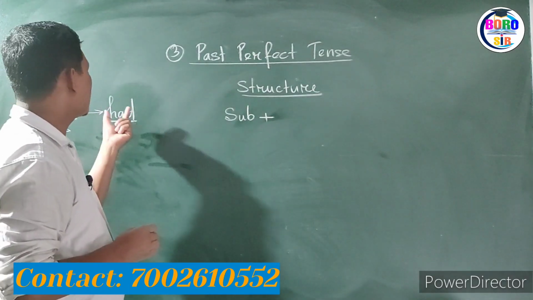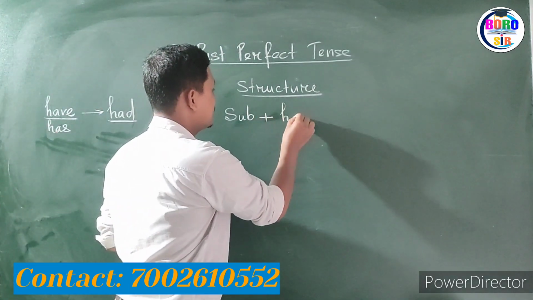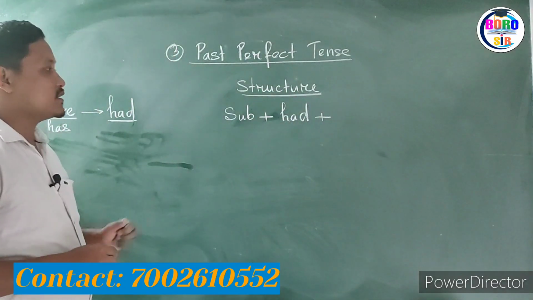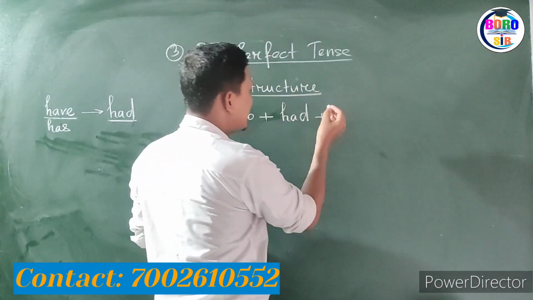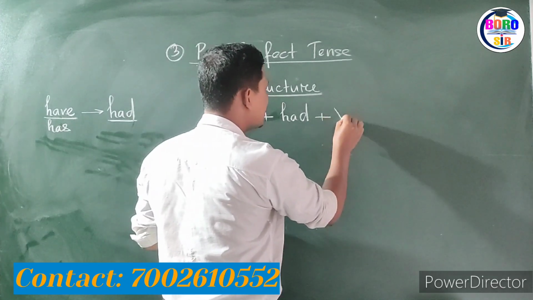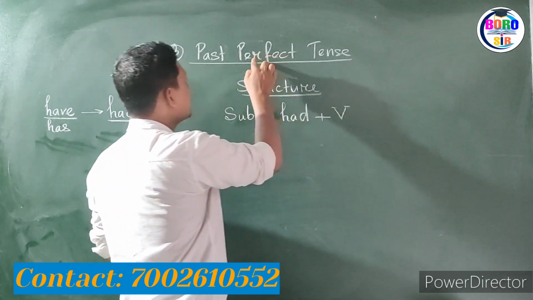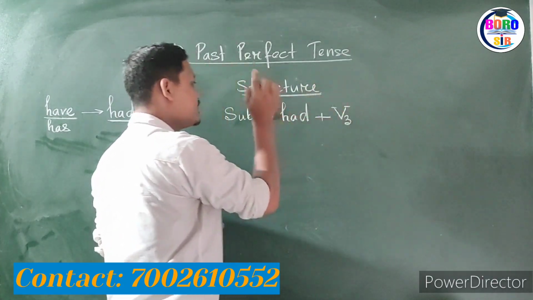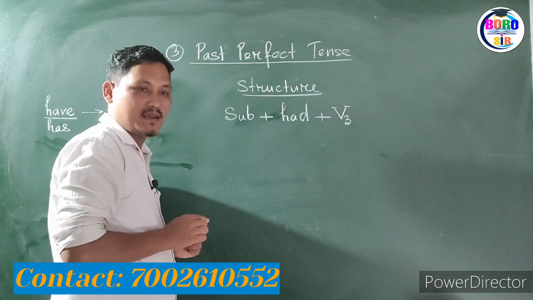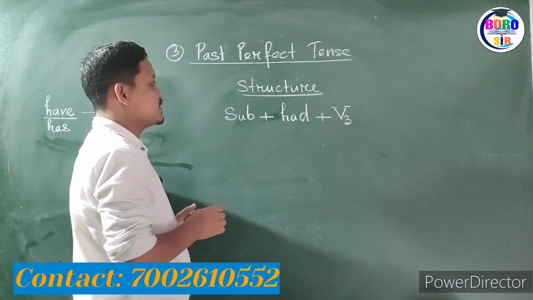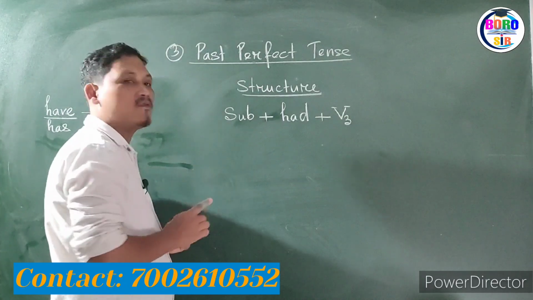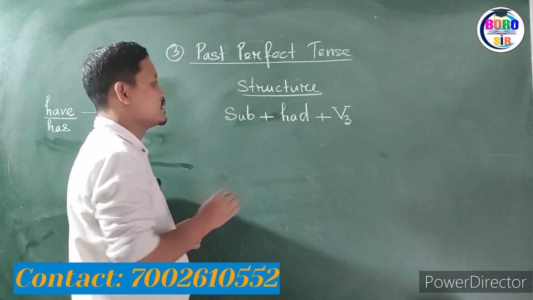Therefore, we are going to write this had here, plus the next will be the main verb. Now remember, since this is a perfect tense, the main verb will always be in verb number 3. In other words, it will be the past participle form of the main verb.